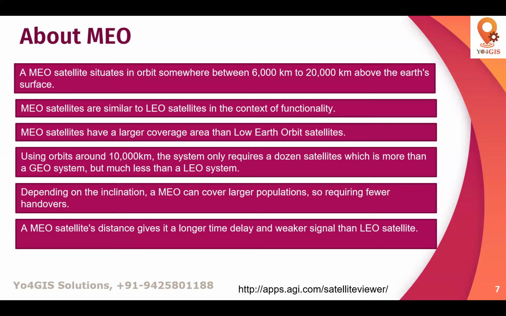A MEO satellite's distance gives it a longer time delay and weaker signal than LEO because of the higher altitude. So the MEO satellite altitude is more than the LEO satellite.